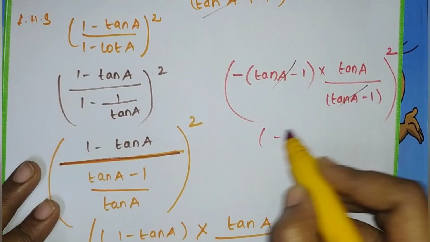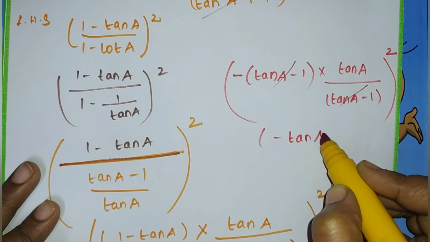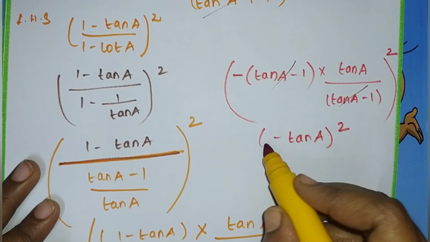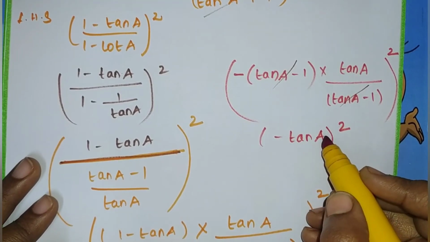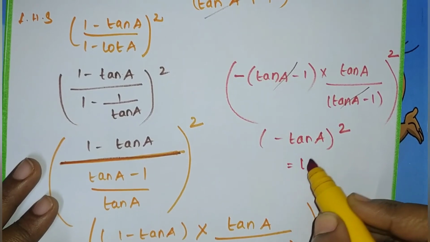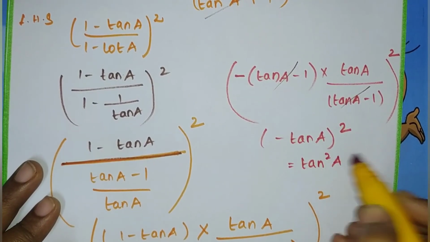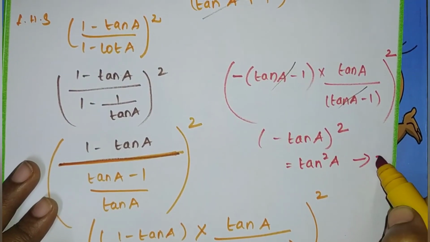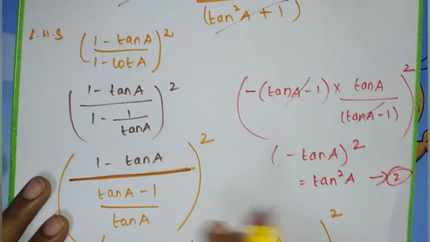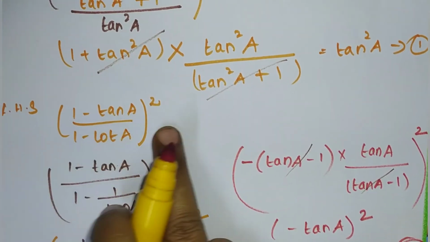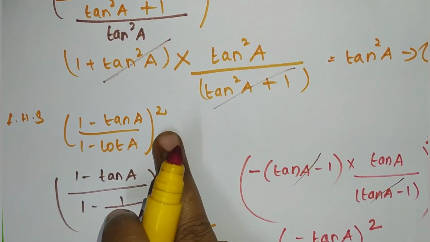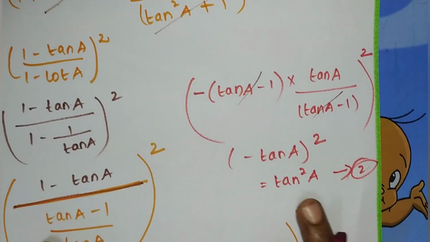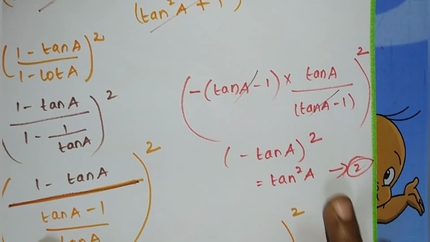So the remaining is minus tan A the whole square. If you square this one, what will you get? Negative will become positive and is equal to tan square A. So next thing also we proved that 1 minus tan A divided by 1 minus cot A the whole square is also the same answer, that tan square A.